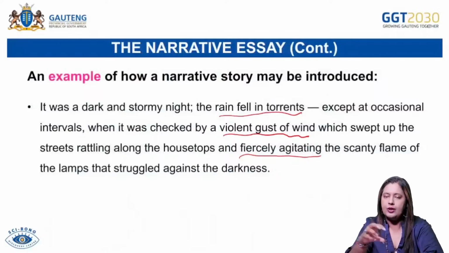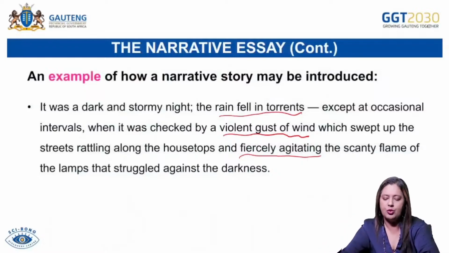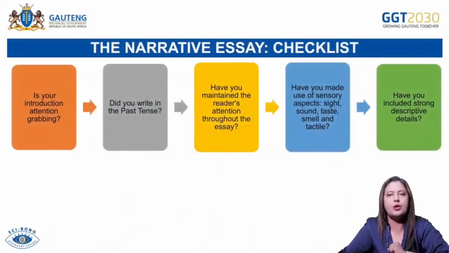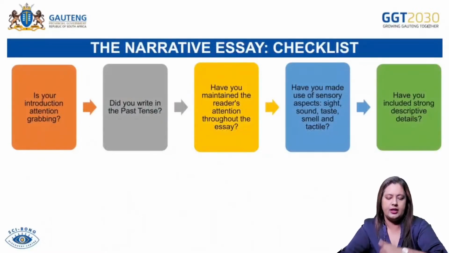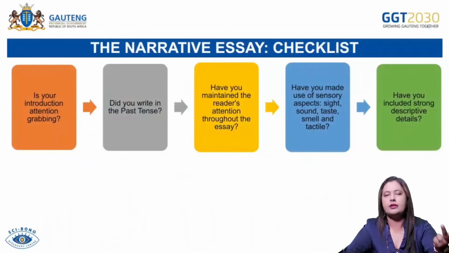All right. So basically, these are the things being described by all of the words used in this introduction. So make sure, again, it grabs us and keeps us wanting more from you when you are writing. So you're going to check: was your introduction attention grabbing? Did you write in the past tense? Did you maintain the reader's attention throughout the essay?